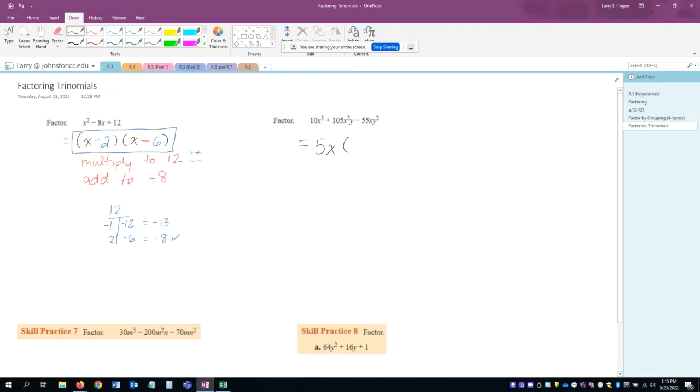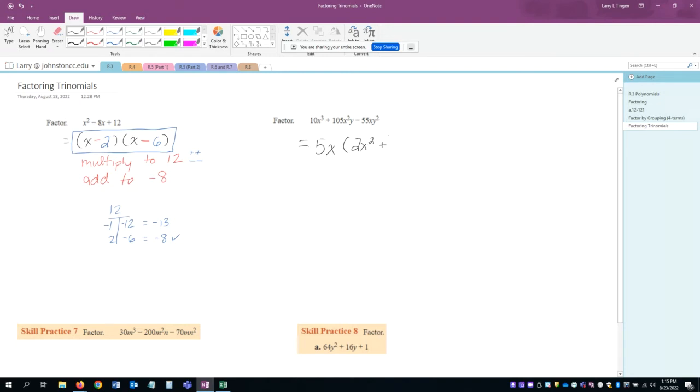So what's left is I'm going to take my term, divide it by what I pulled out. 10x cubed divided by 5x. 10 divided by 5 is 2. x cubed divided by x is x squared.